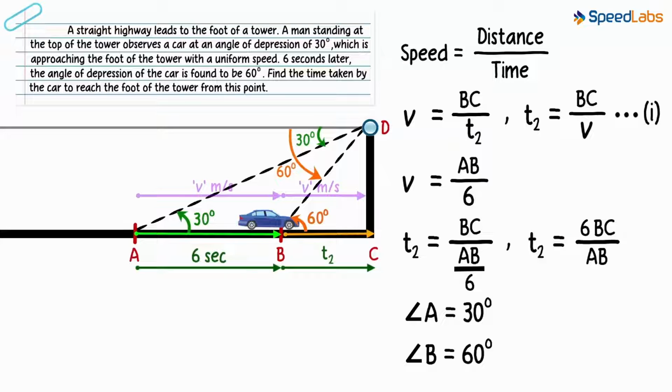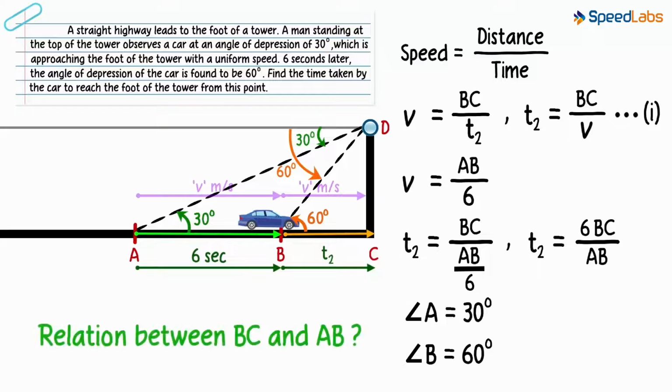But we can get the relation between them using the trigonometric ratios. Why are we looking for a relation between them? We're doing so because the relation will give us the ratio of BC to AB, and we can just substitute it here to get T2. It'll be 6 times this ratio.